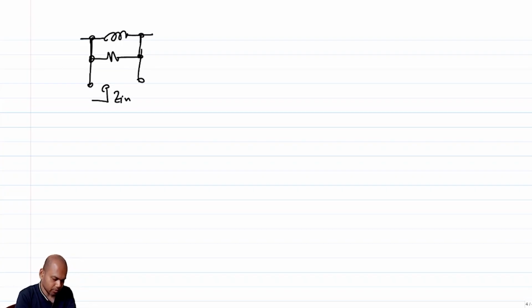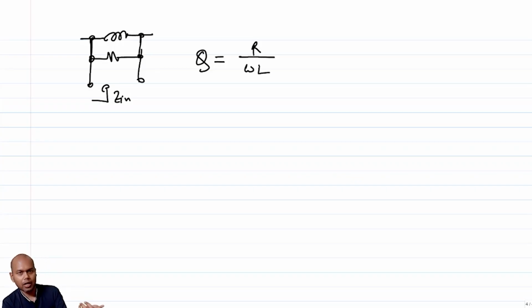Of this network? So when R was in series, it was omega L over R, because I wanted R to be 0, right? When R is in parallel, what do you want R to be? R to be infinite. So your Q factor will naturally become R by omega L. Why not R omega L?